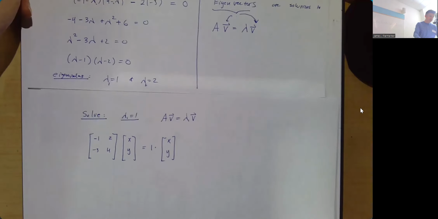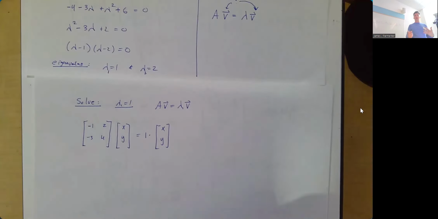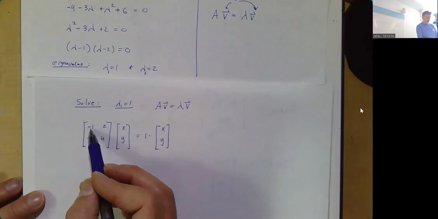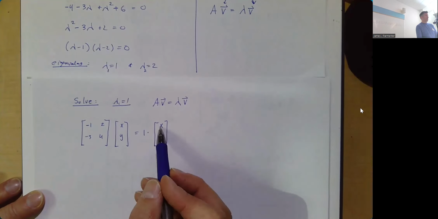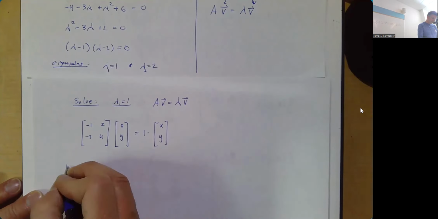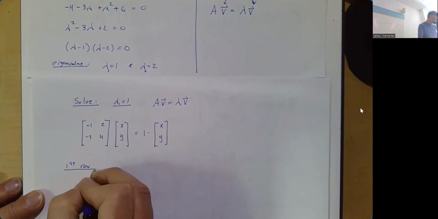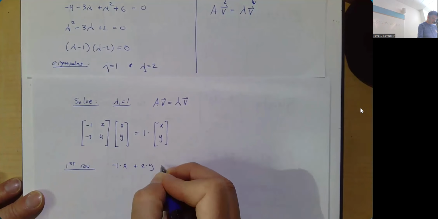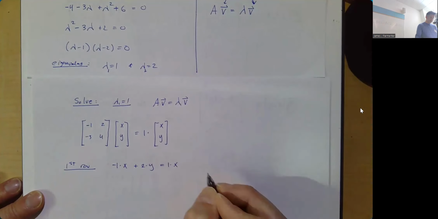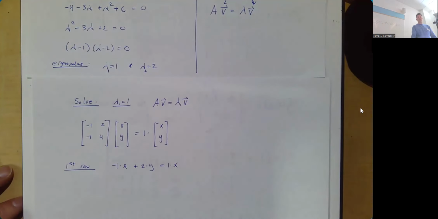Typically here, you can get away with using just one of the equations, meaning if you actually multiply this out, you have this row dotted with this column equal to 1 times this first entry. So the first row gives us -1 times x plus 2 times y equal to 1 times x. Now I'm going to try to get a relationship between x and y.